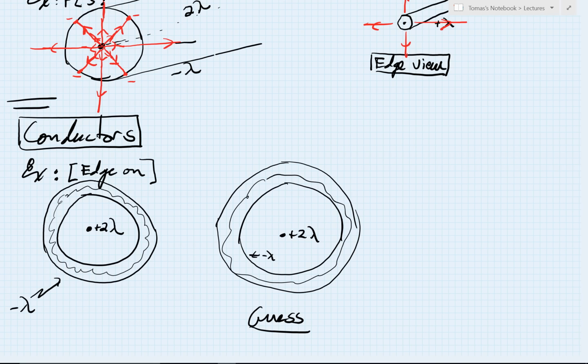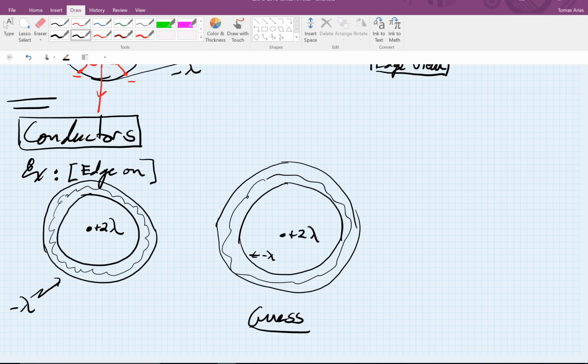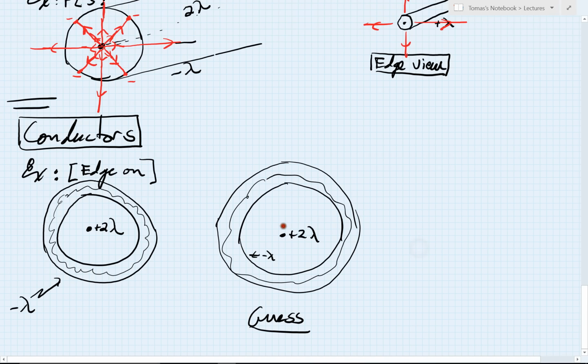Here, I'll try to put those there for you in red. And then these field lines, we knew what happened was that I had 8 of them. That's just how I chose to represent 2 lambda. That would be coming out from the central positive wire, because electric field lines always originate on positive charges. And then if I have minus lambda distributed around the edge, that's enough just to suck up 4 field lines, half of those field lines.